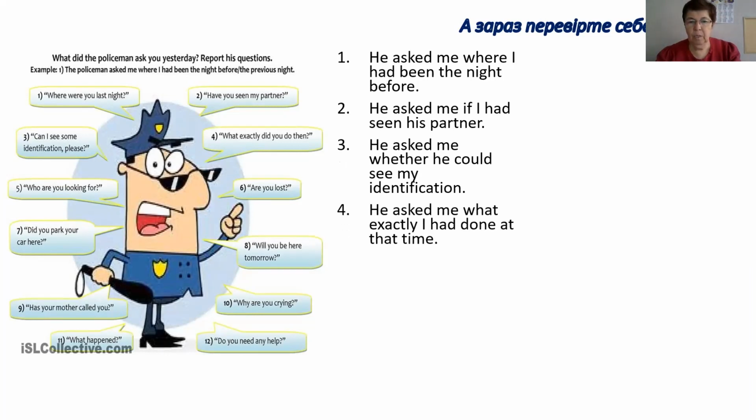He asked me what exactly I had done at that time. Who are you looking for is the next question, and you tell your mom, he asked me who I was looking for. Next question is, are you lost? You tell your mom, he asked me if I was lost.